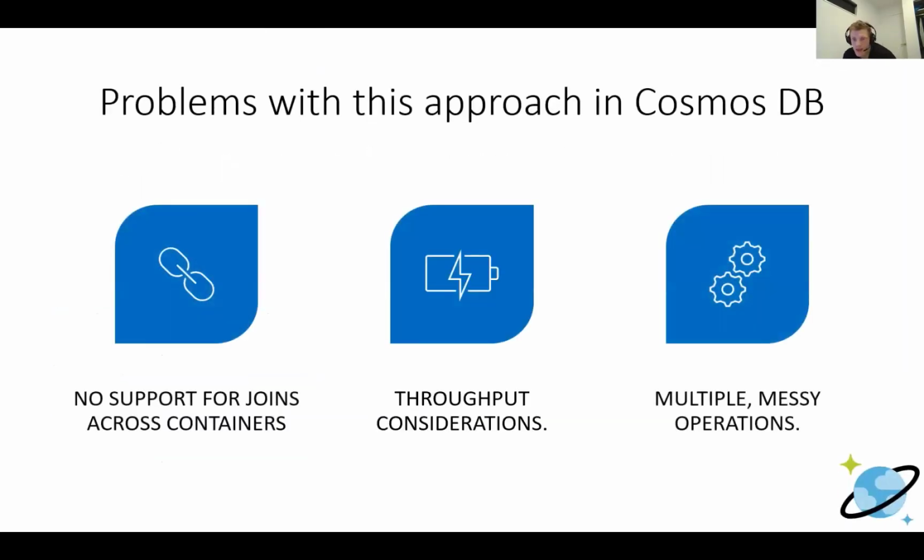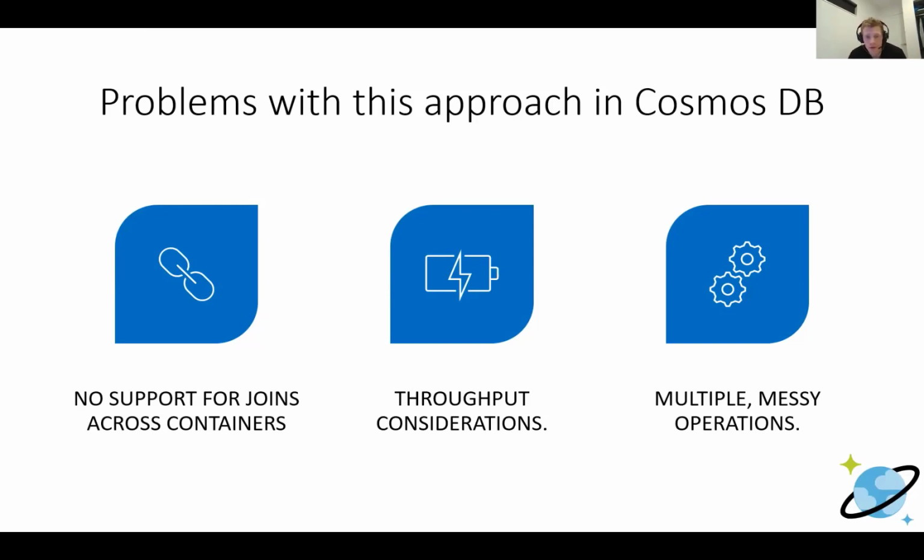But in Cosmos DB, there are a couple of problems with having separate tables for discrete entities. Right off the bat, Cosmos DB doesn't support joins across containers. So you won't be able to join data sitting in one container to data sitting in another container.